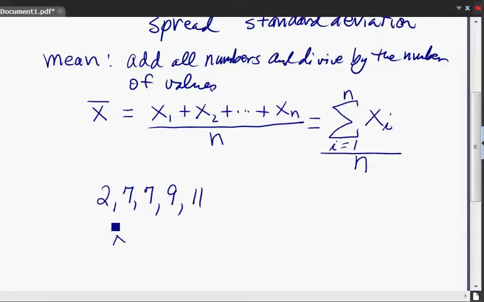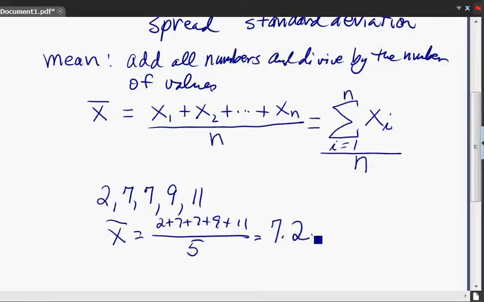So the mean of this data set is obviously 2 plus 7 plus 7 plus 9 plus 11 divided by 5, which is 26 divided by 5. Did I add that right? Sorry, 36 divided by 5, which is 7.2. Okay. So there's my mean.